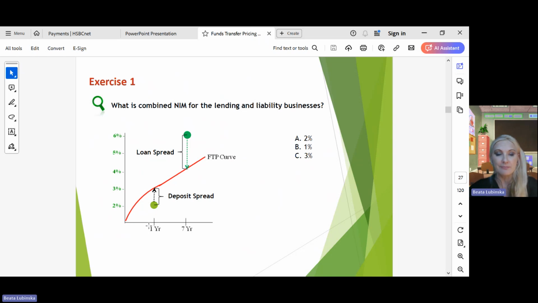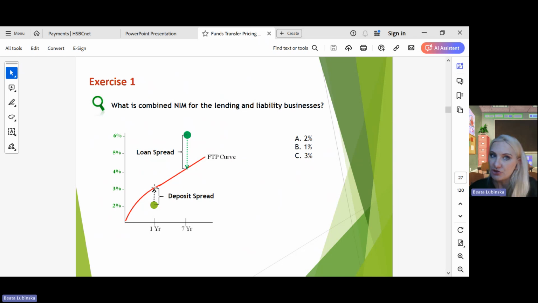Now, this position is funded by a liability with a shorter tenor. It is a 1-year liability deposit in this particular case, where we are paying the customer 2%. Meanwhile, the FTP for the 1-year tenor is 3%.